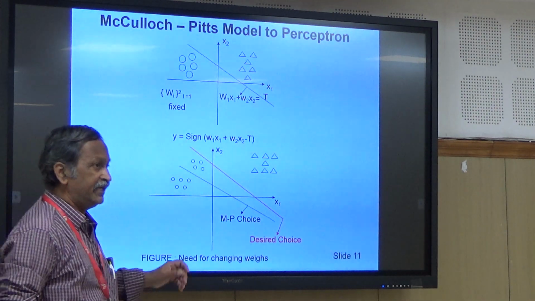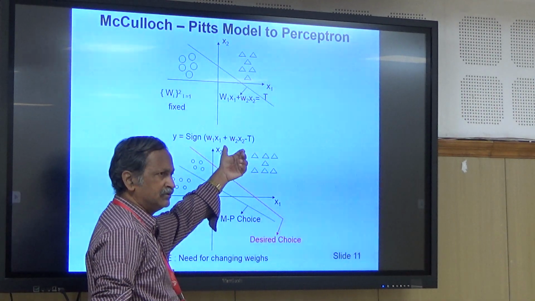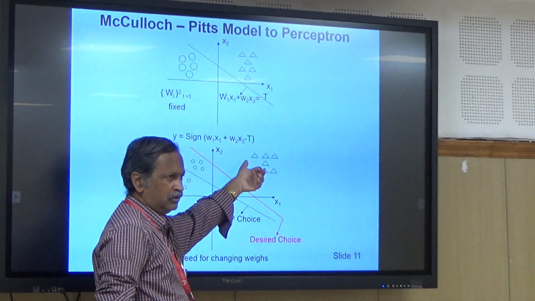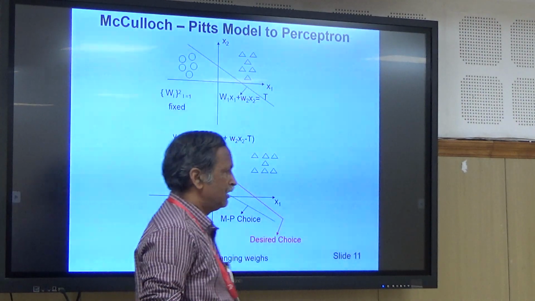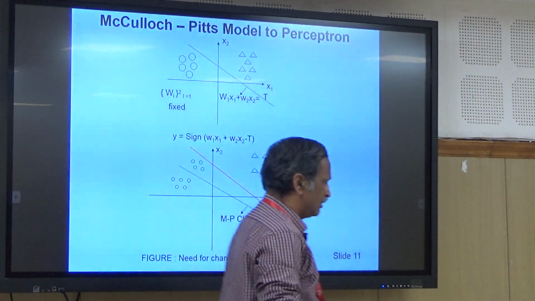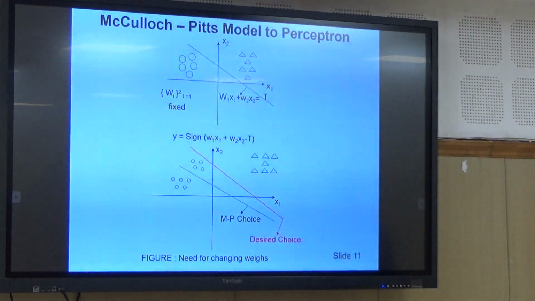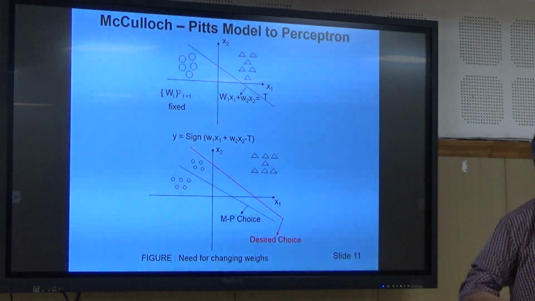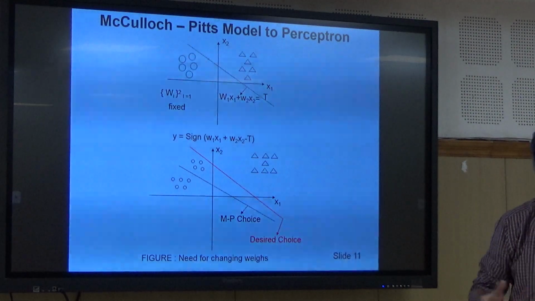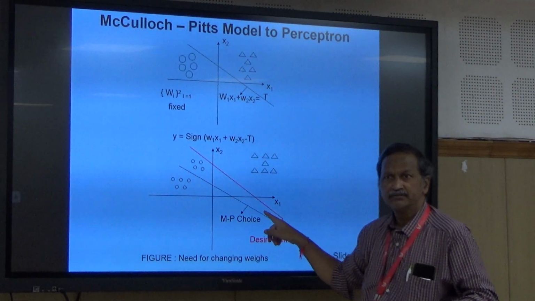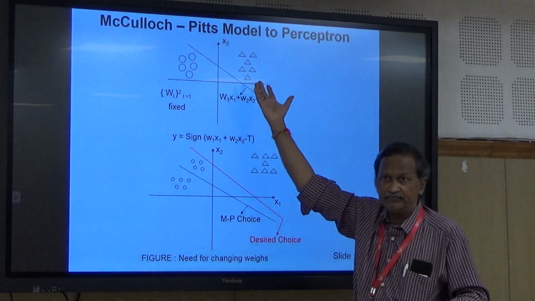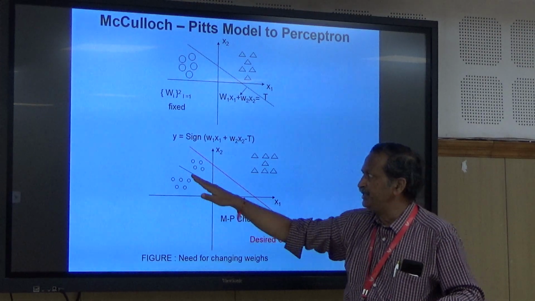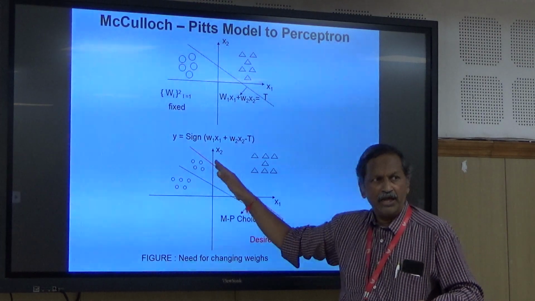No. That is, our initial choice of W1 and W2 is not correct to give a correct classification. Now, if you fix that initial choice, then there is no learning, no training. If you are lucky, you are done. But if you are unlucky, that initial choice is wrong and you get misclassification.